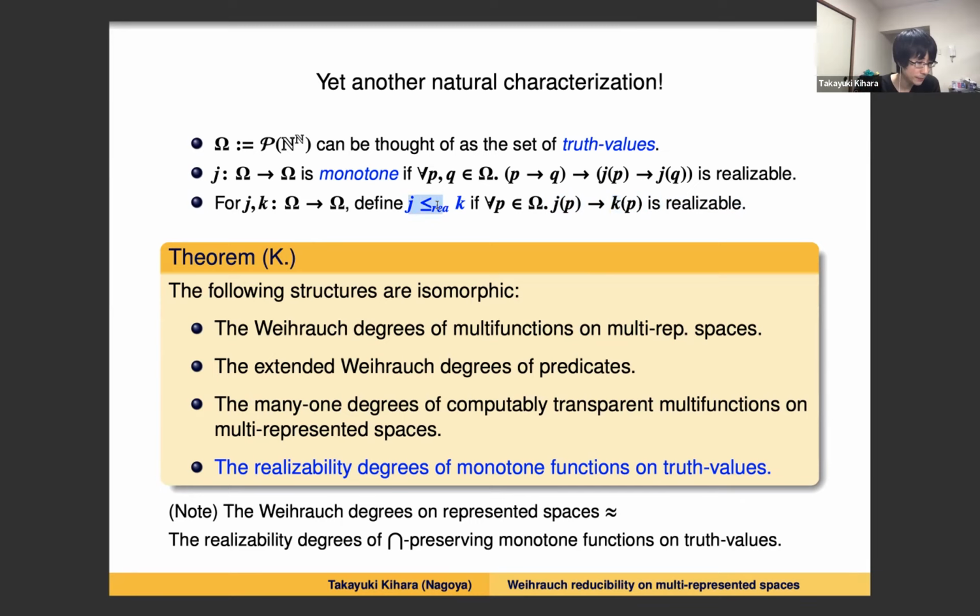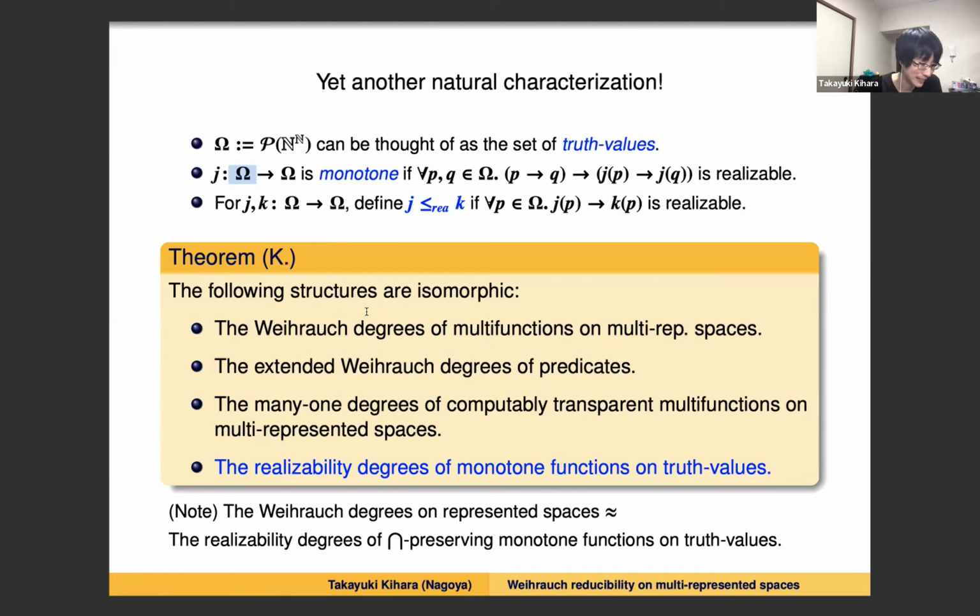So it's a very simple definition. There is no represented space or anything like that. There is only Baire space.